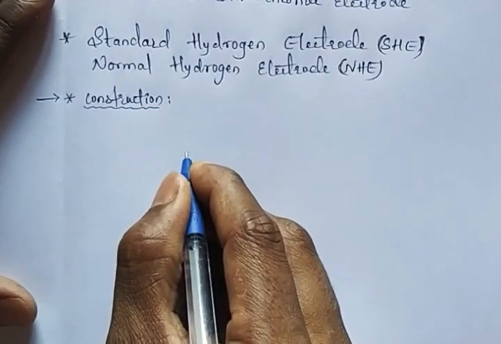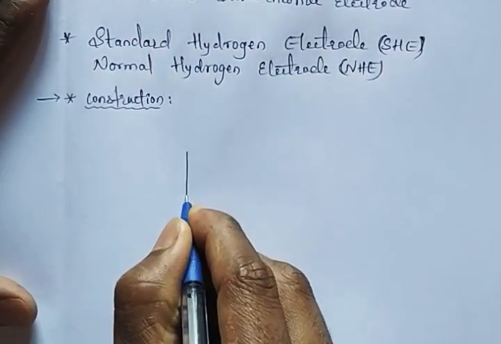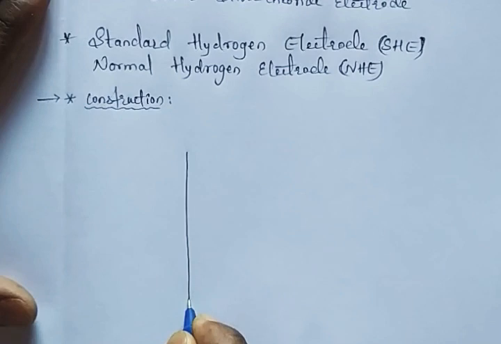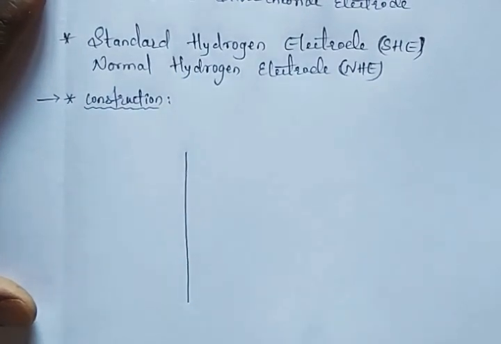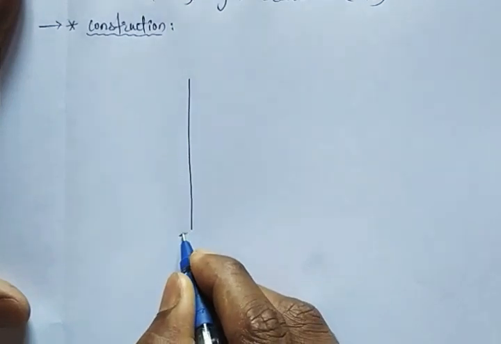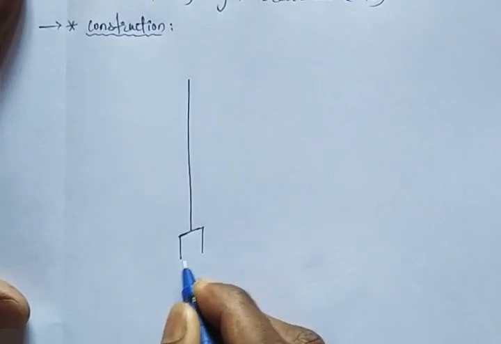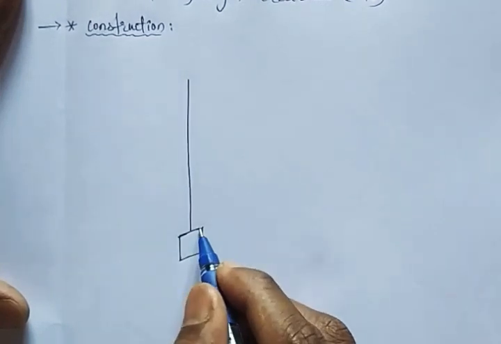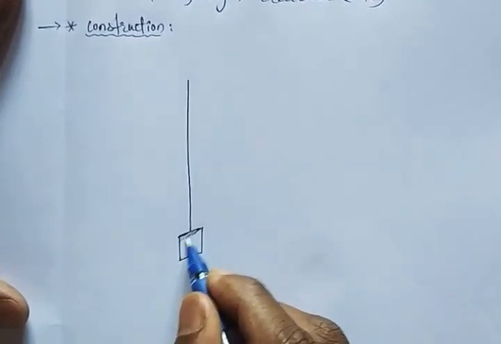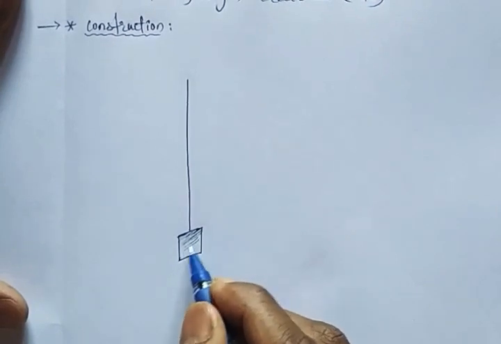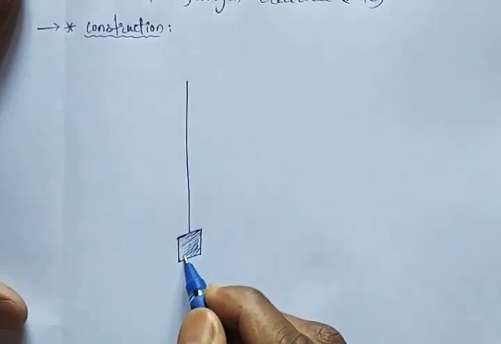It consists of a platinum wire. This platinum wire is connected with a platinum foil. This is a platinum foil on which finely divided platinum powder is pasted.